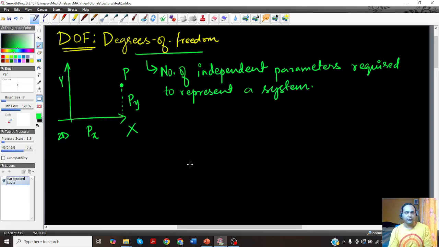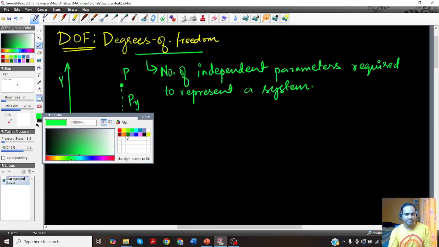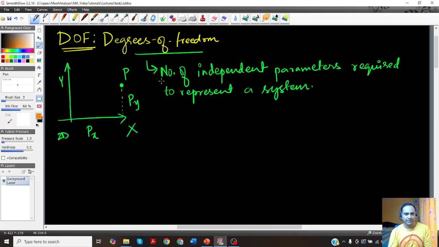I'll just underline some of the keywords. It's a number. It could be 1, 2, 3, 0, -1, and independent is also an important word.